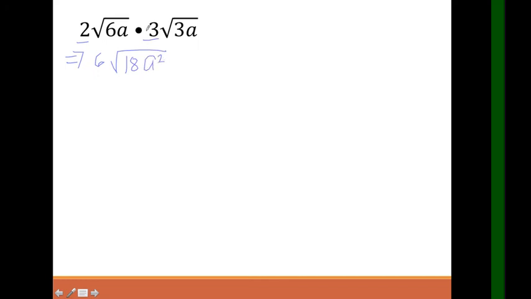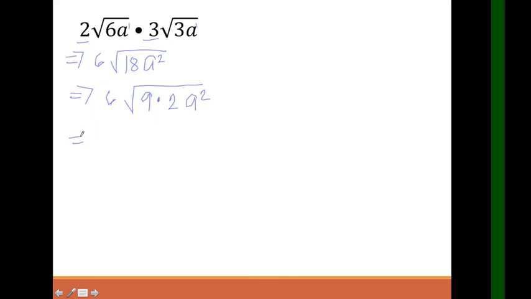Okay? Kasi this is 1 and this is 1, so we can add the exponent, so that is 2. Then, think a number, factors of 18, that is 1 perfect square and 1 not perfect, na pwede nating i-square root, and that is 9. 9 times 2, then a squared.